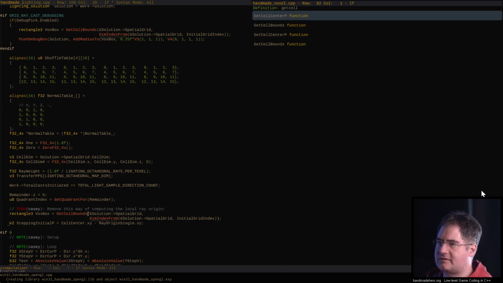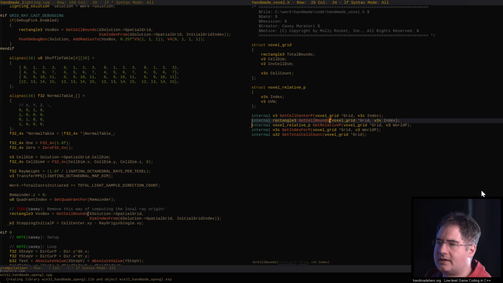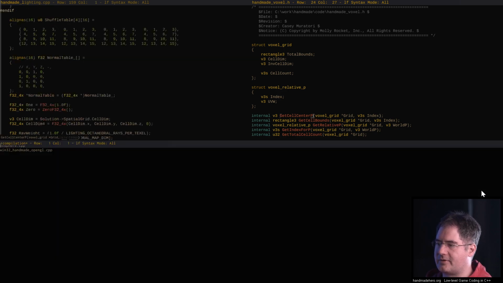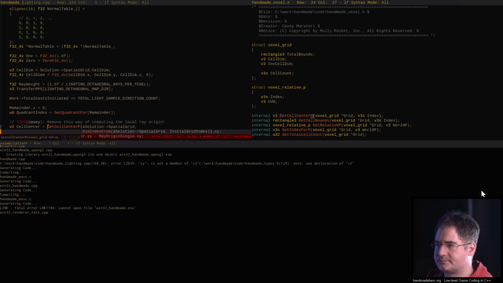So get cell bounds. It looks like we could have just called get cell center p instead, which is fine. And I think that gives us what we want, which is cell center. And again, we don't care about the z value. It's irrelevant.